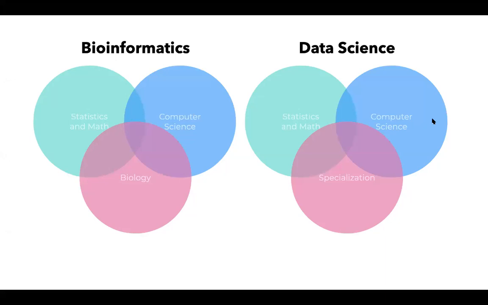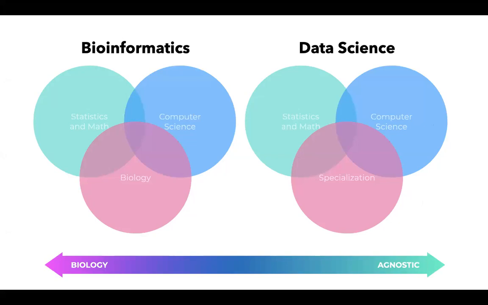Now, how is this different from data science itself? Data science includes statistics and maths, computer science, and also some kind of a specialization. So really, when we talk about data science, it is much more agnostic of the domain that it is applied to.